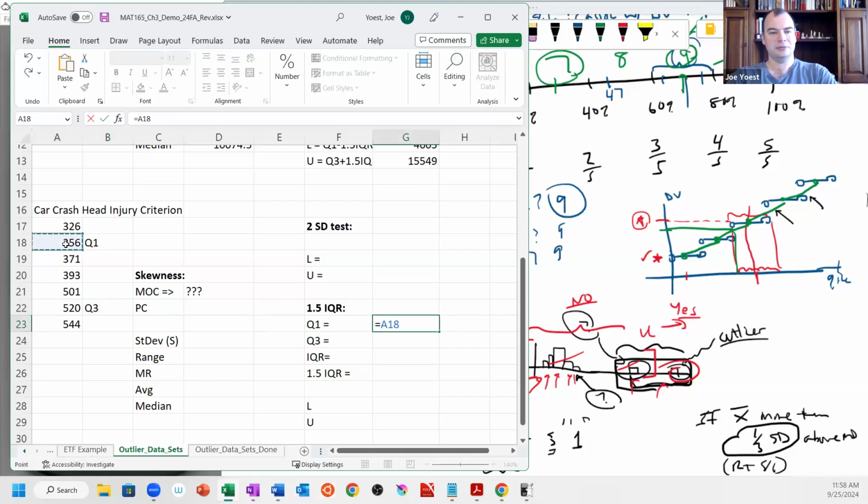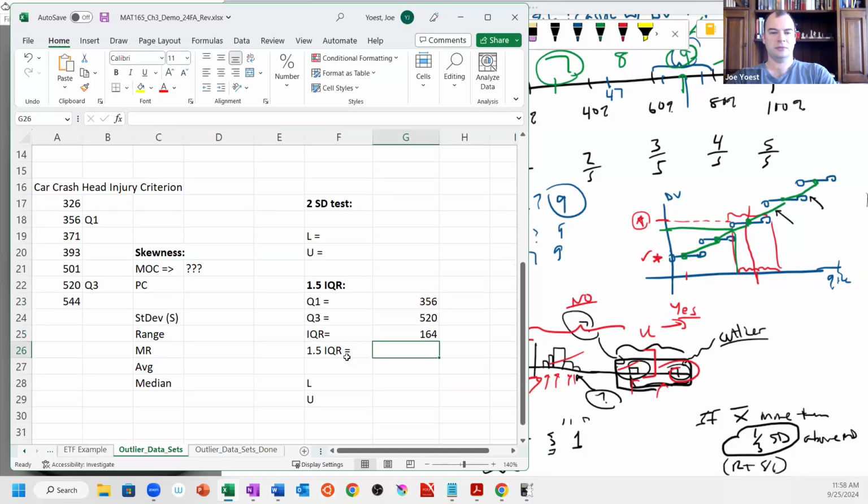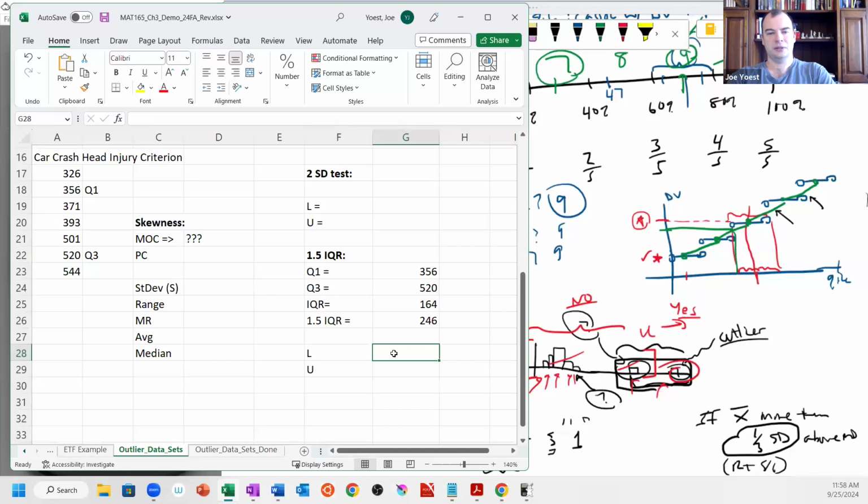So Q1 and Q3 are those two numbers. The IQR is the difference, Q3 minus Q1. 1.5 IQRs. We don't have to compute this separately. We could compute it as part of the lower and upper bounds, but just computing it here so that we can see it a little more explicitly.